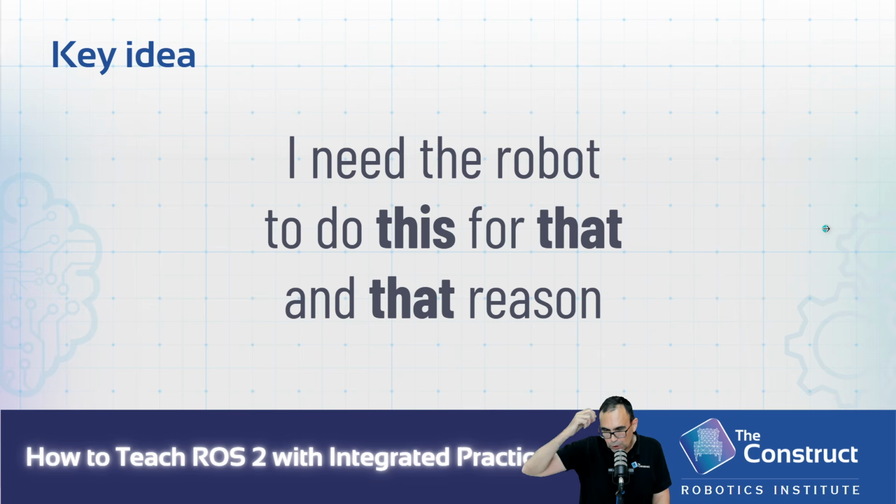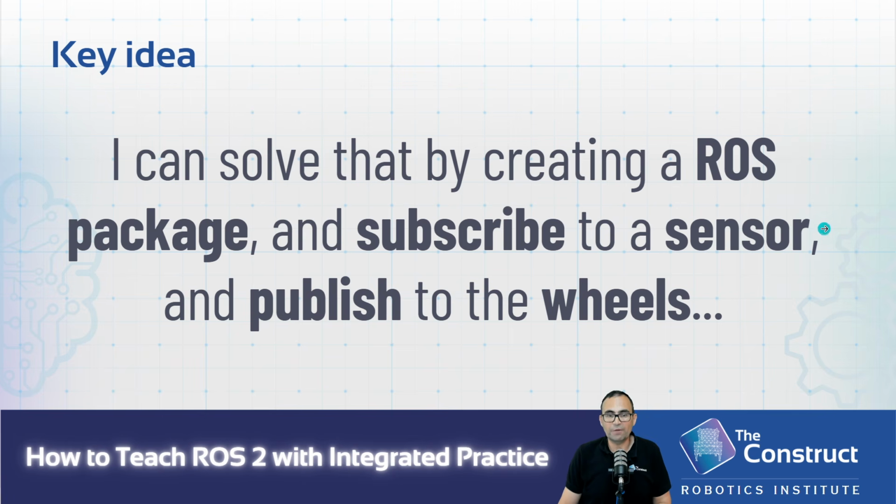So what I want you to think is: I need the robot to do this for that reason. So we have the robot in mind from the very beginning. And by wanting the robot to do that, of course, we need to create a ROS package, we need to subscribe to a sensor topic, we need to publish into the wheels topic, and so on.